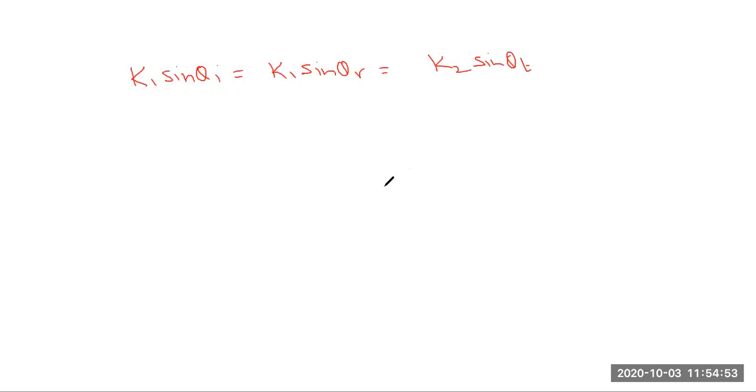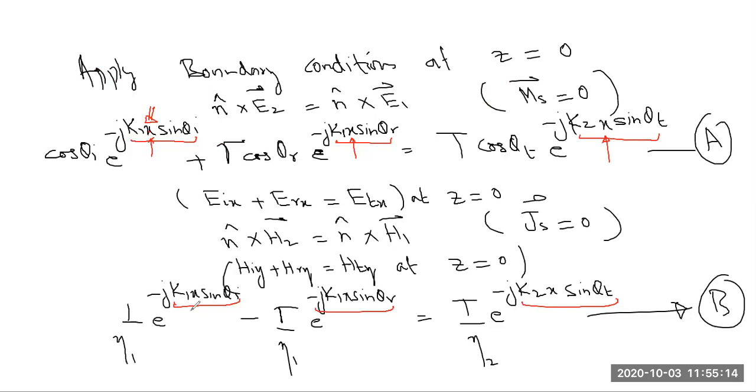This is another important condition that we need to use, and this is known as the phase matching condition, because this factor is appearing in the phase part. So in order to satisfy the boundary condition, k1 sine theta I, k1 sine theta r, and k2 sine theta t must be equal.